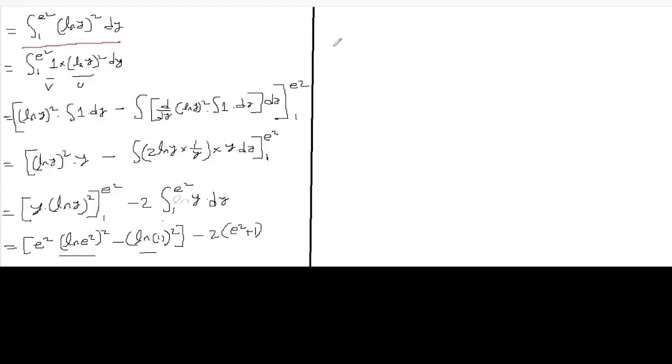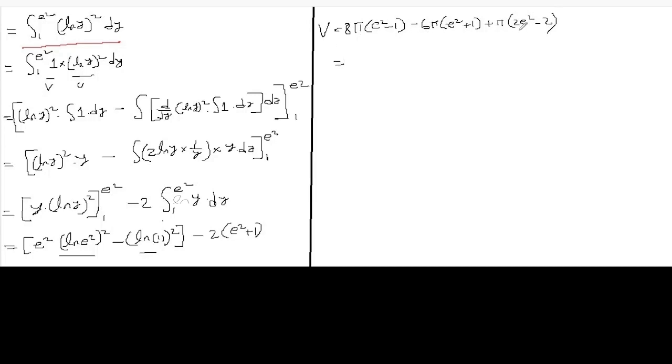After substituting all values into equation 1, we'll get the volume V is equal to 8 pi into e square minus 1 minus 6 pi into e square plus 1 plus pi into 2e square minus 2.